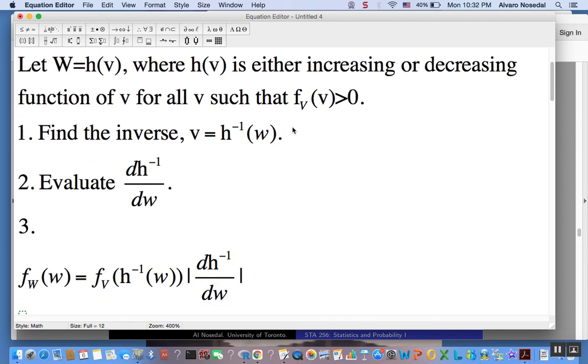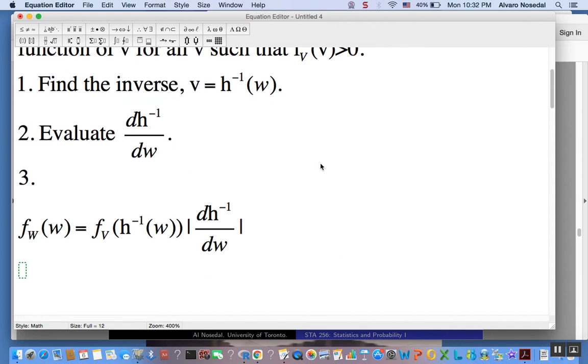We find the inverse, we find the derivative of that inverse, and then, since we know from what we did in another video, it's basically an application of the chain rule, we will have to evaluate the PDF of the original random variable at the inverse times the derivative of the inverse with respect to the new variable, right?